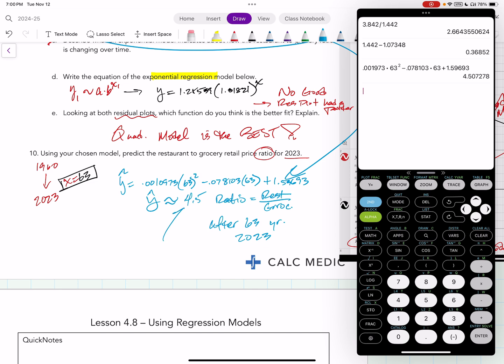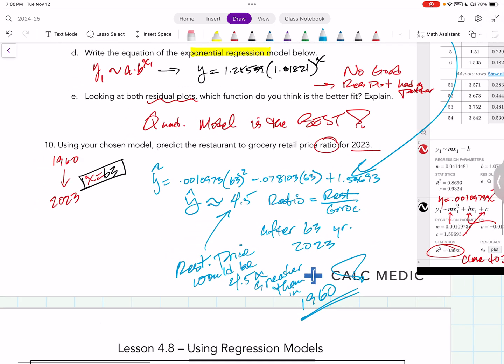That's what this means. If you had to interpret this, restaurant prices would be 4.5 times greater than 1960. Wow, guys, that's called inflation. Okay, and there we go.